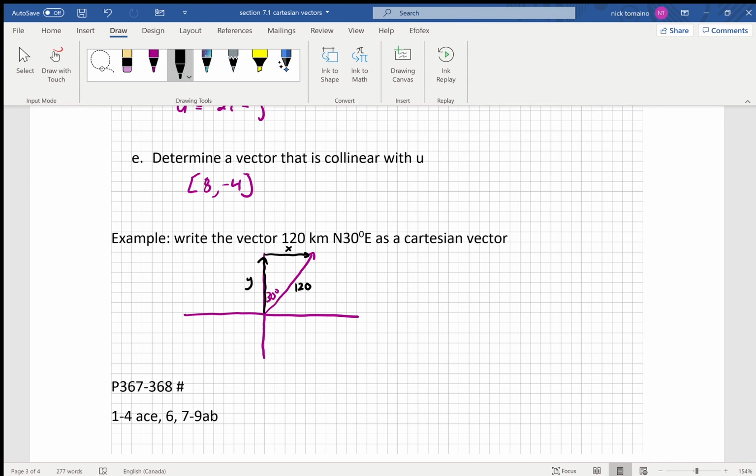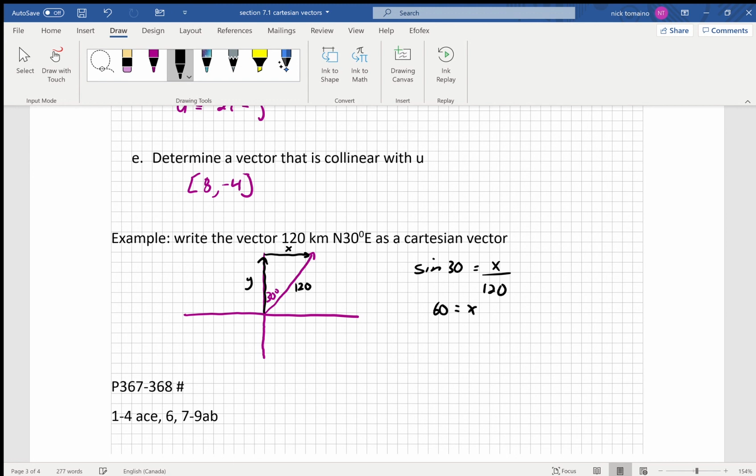So we just use trigonometry, just basic SOHCAHTOA. So we have that sine 30 is equal to opposite over hypotenuse. And we all know that the sine of 30 degrees is 0.5. So we're going to have 120 times 0.5, which is 60.